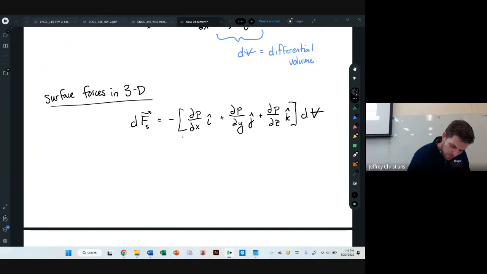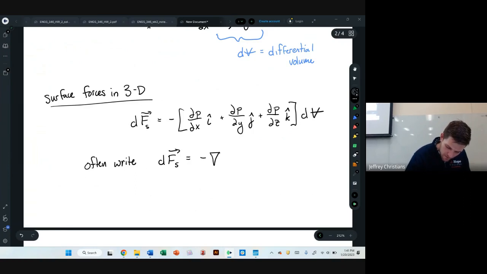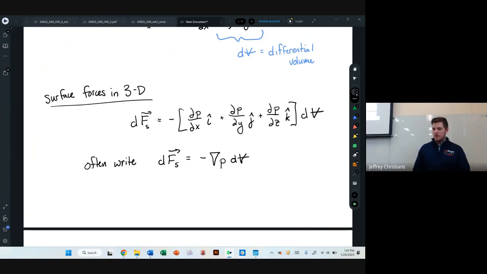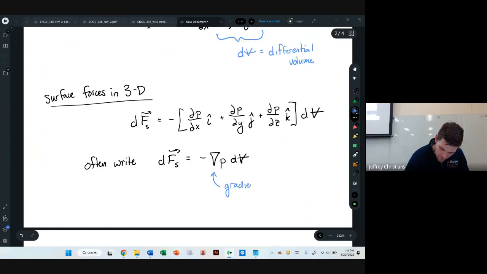So often we'll write it as equals minus gradient p dv. So this is the gradient.